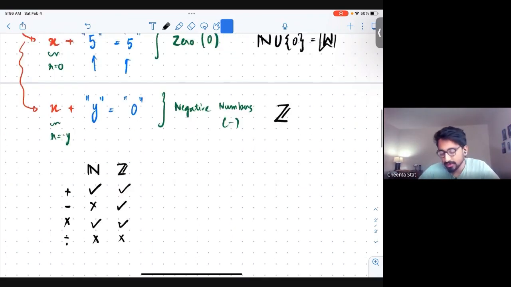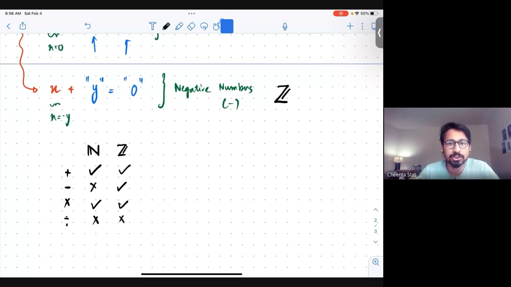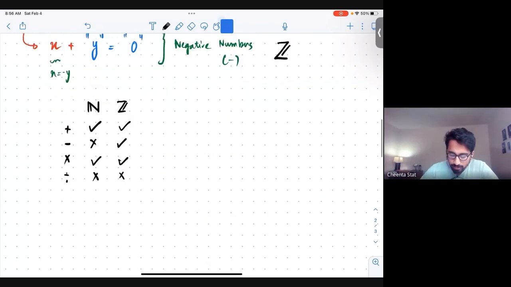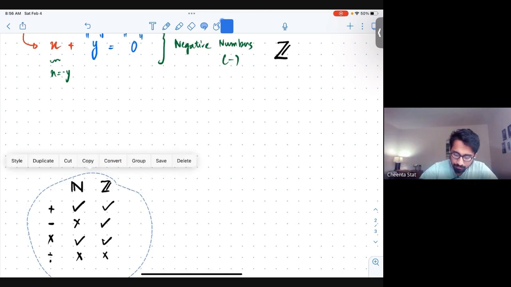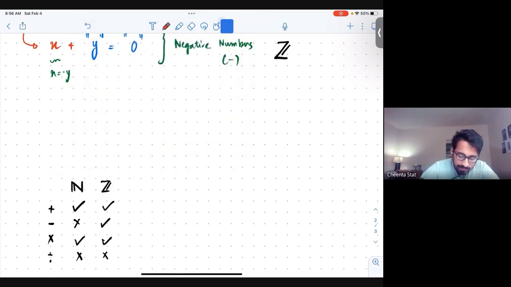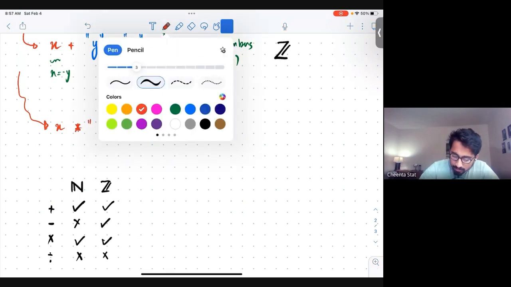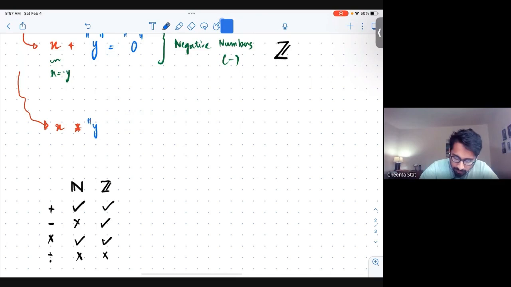So somehow down the line of the history of mathematics, this idea of what kind of numbers make dividing two numbers give the same type of number came, and that's why rational numbers and fractions came. So people asked this simple question: is there a number x such that when multiplied by y it gives an integer?